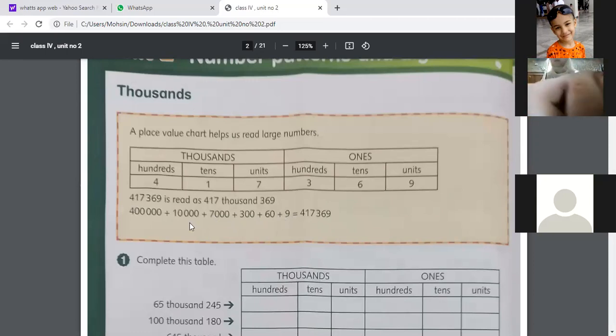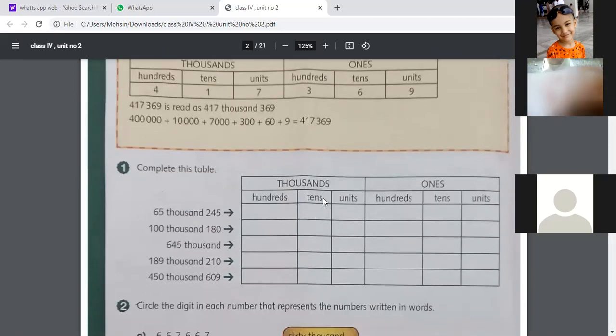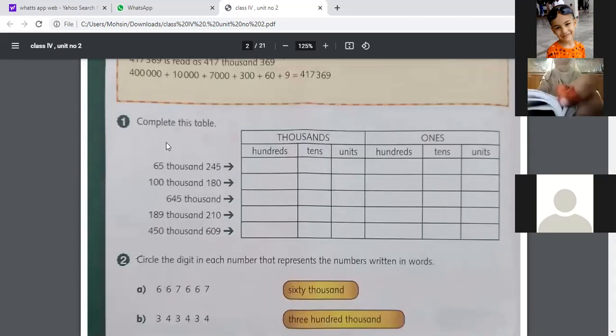So how will we do this one? They are saying complete this table. How will you complete this table? 65,245.